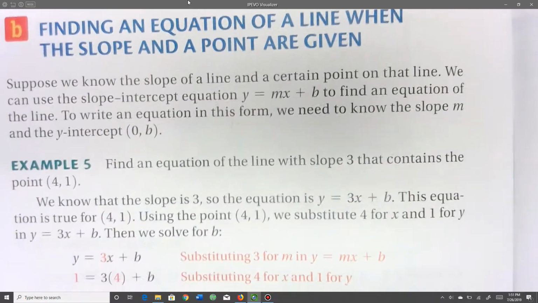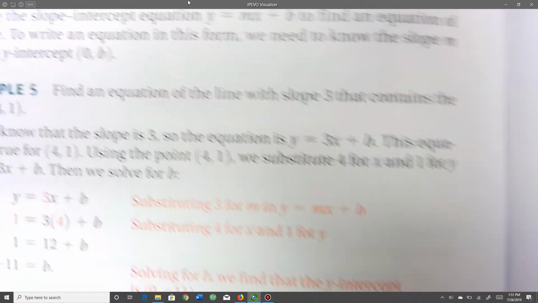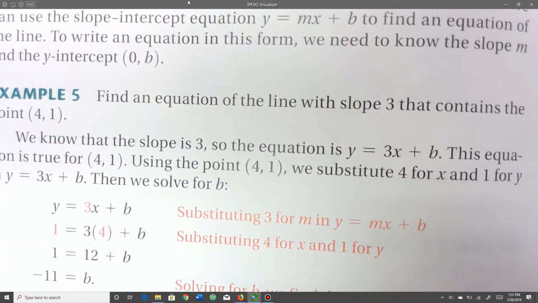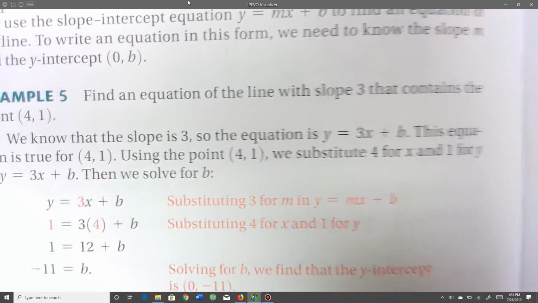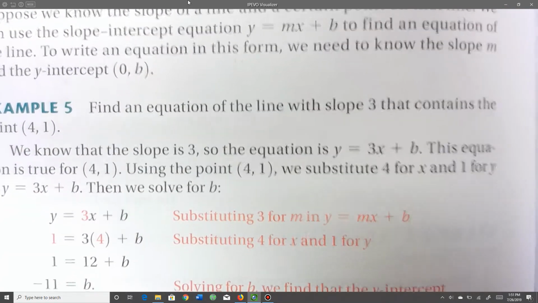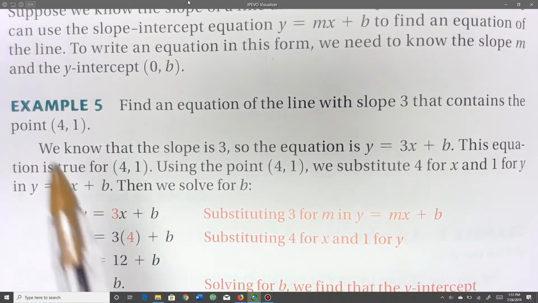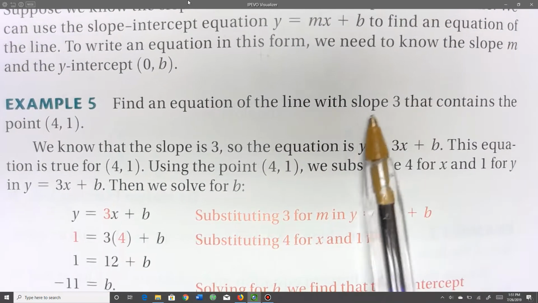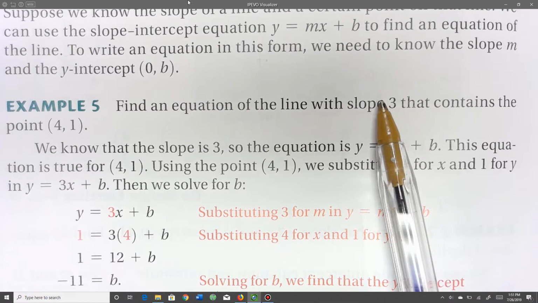All right, so what information did they give us? Well, let's see. For example 5, they say find an equation of the line with slope 3 that contains the point (4, 1). Notice that they still gave us a slope, so that's good.